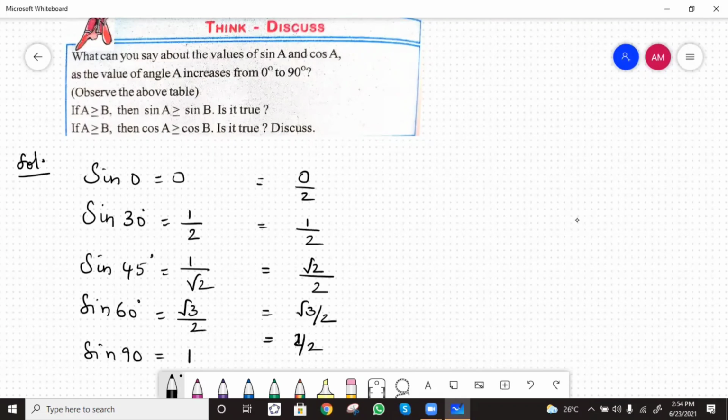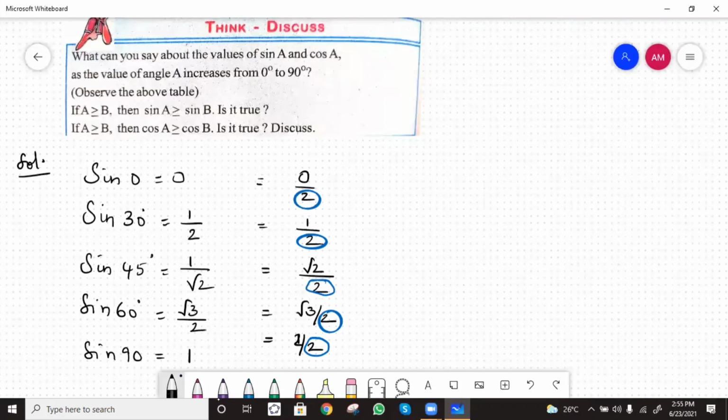So see here, we have the denominator common in all these values. Do you observe this? What about the numerator? It increases from 0 to 2: 0, 1, root 2, root 3, root 4, which is nothing but 2.